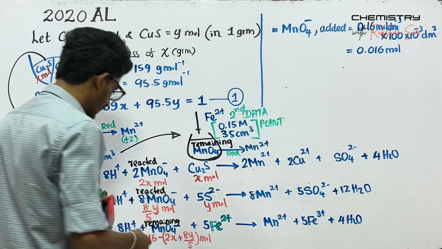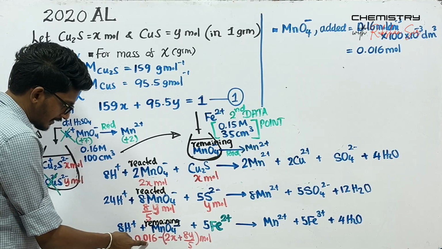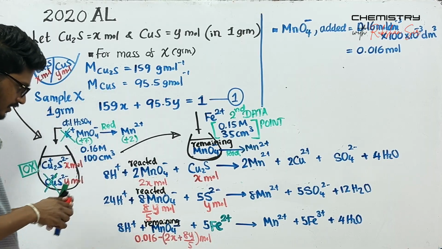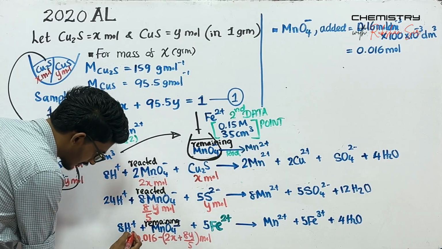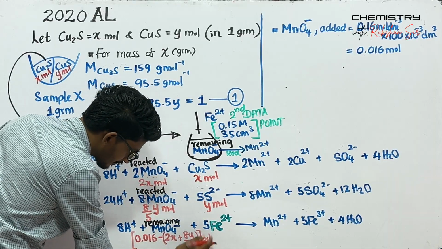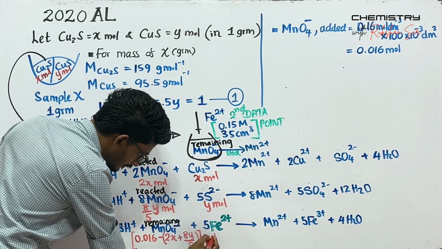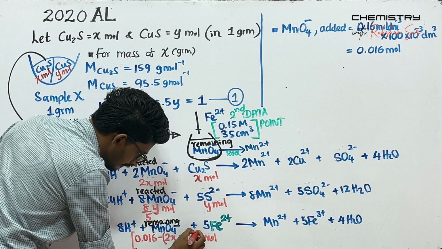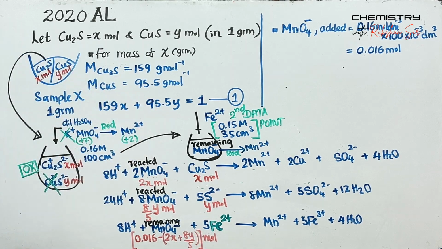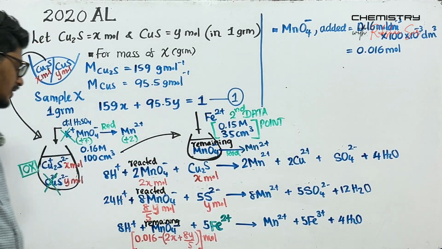So this is the MnO4 minus added initially, and this is the MnO4 minus reacted with the Cu2S and S2 minus. Added minus reacted will give you the remaining MnO4 minus, which will then react with the Fe2 plus, right?